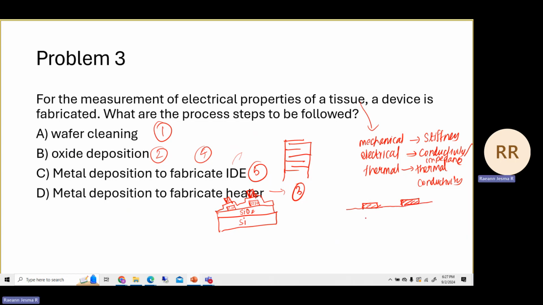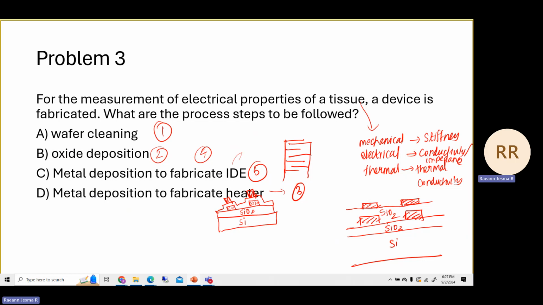Then we'll have SiO2. Then again we will have the heater electrodes. Then again we'll have SiO2. And then we'll have silicon.